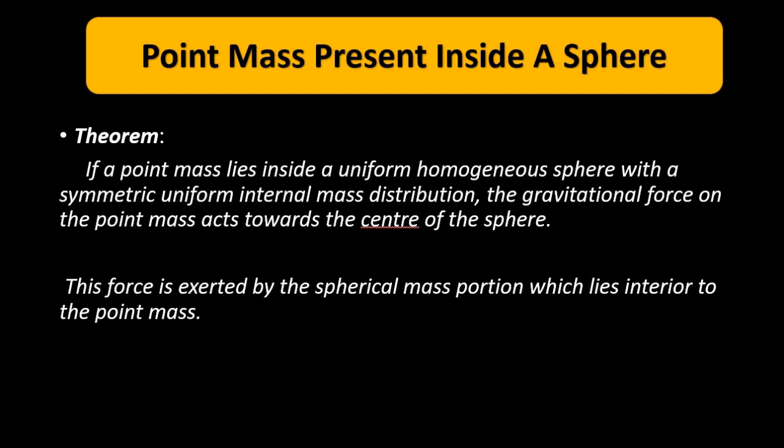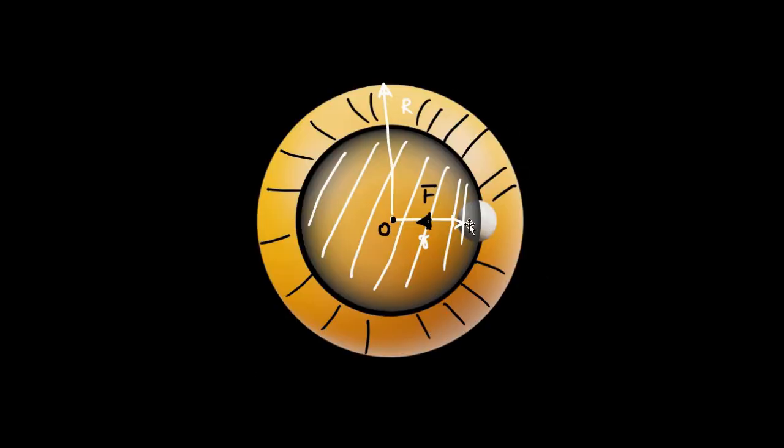Whenever a point mass is present inside a solid sphere, only the inner portion of the sphere interior to the point mass, the highlighted portion, exerts gravitational force. The portion lying outside the point mass, that is the black portion here, does not exert gravitational force.